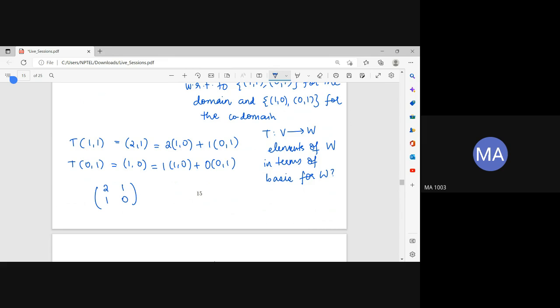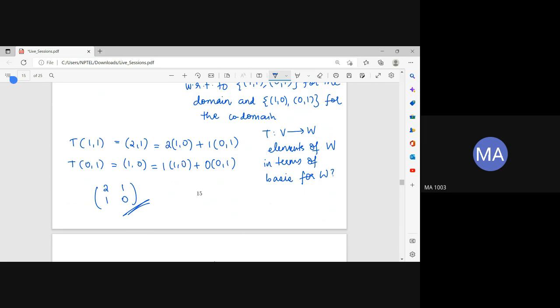You will write the coefficients of the first vector as the first column, and this as the second column. Not as rows, as columns. Is it clear what the matrix of a linear transformation is?